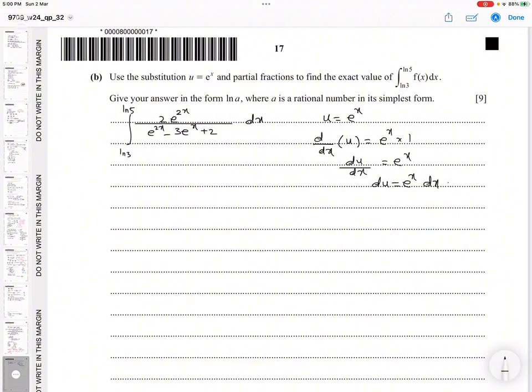Now working with the substitution, ln 3 to ln 5.